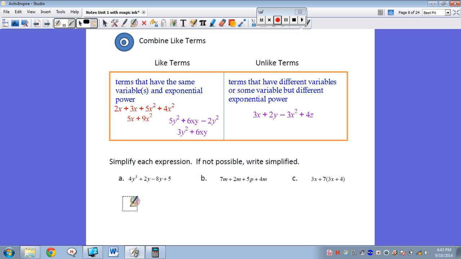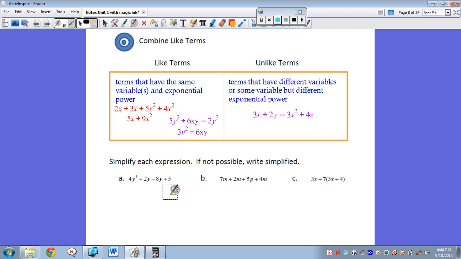Alright, let's take a look at A. 4y cubed, so this has a y, 2y has a y, and negative 8y has a y. But this first 4y cubed also has an exponent of 3. So that cannot be combined with 2y or negative 8y because none of those have an exponent of 3.